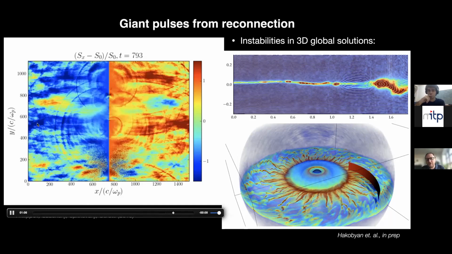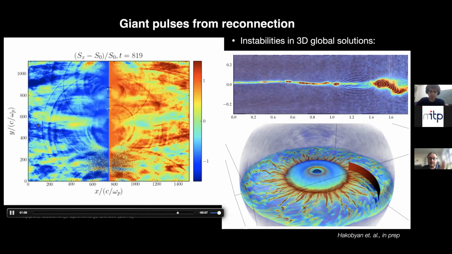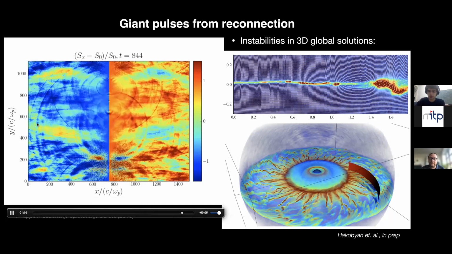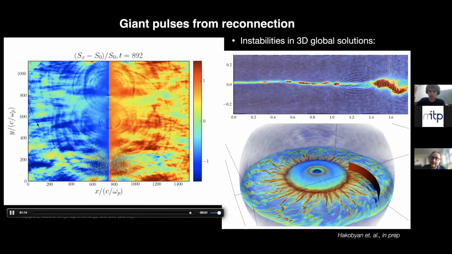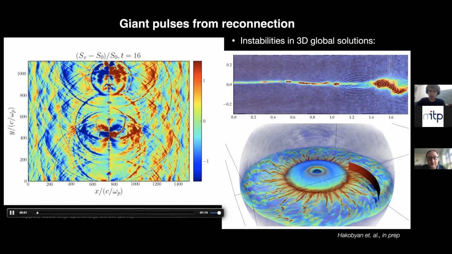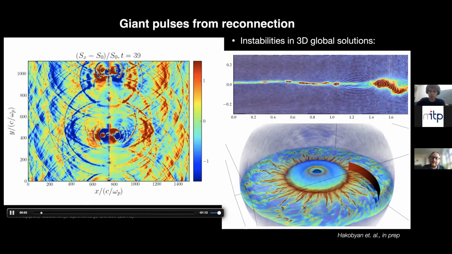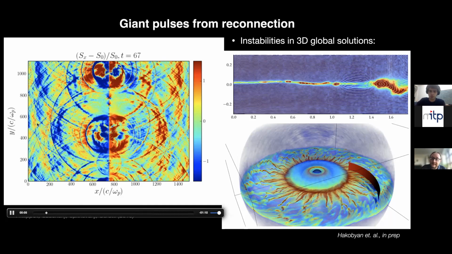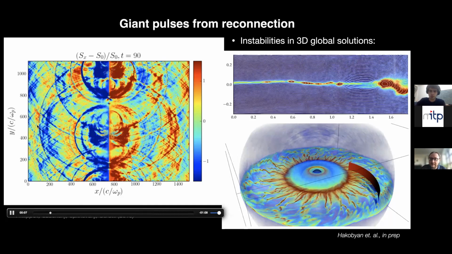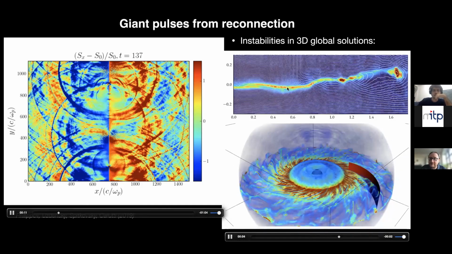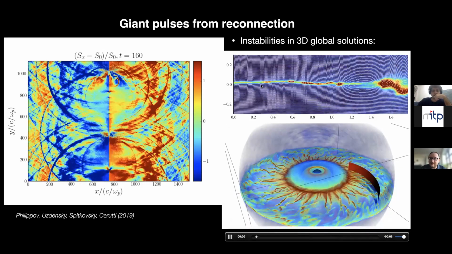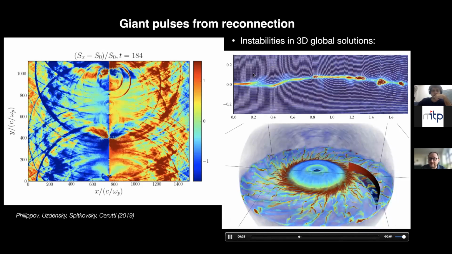So an interesting question is how this happens in 3D. The process that I showed on the left side is a 2-dimensional simulation. What happens in 3D, we don't really know because we cannot simulate large enough systems. However, the existing hints, which are shown on the right-hand side, which is the global 3D simulation and the cut through this 3D simulation, basically show similar physics.